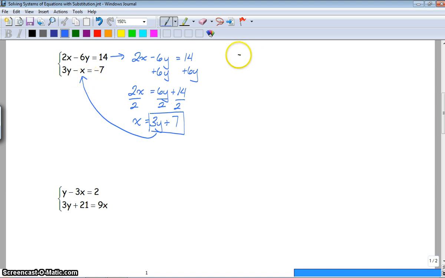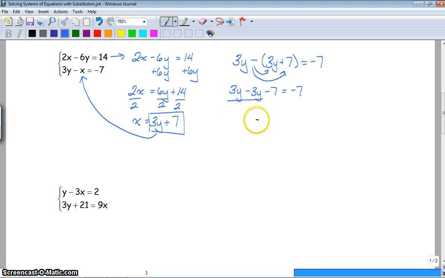So in this case, I have 3y minus the x value you just solved for, 3y plus 7 equals negative 7. Again, solve for y. So we distribute. 3y minus 3y minus 7 equals negative 7.